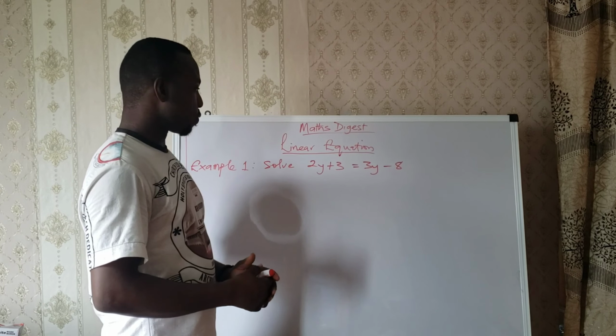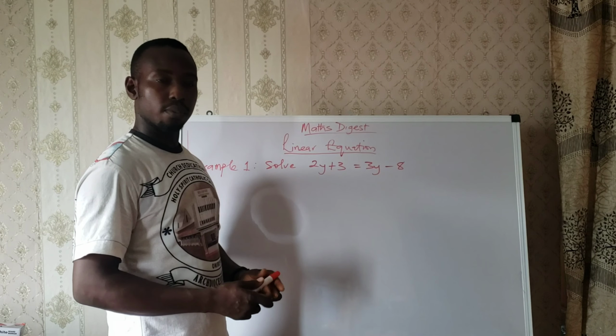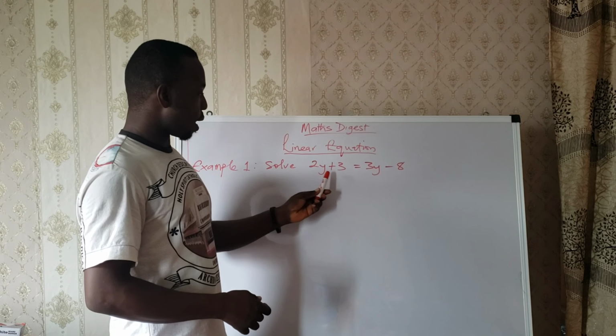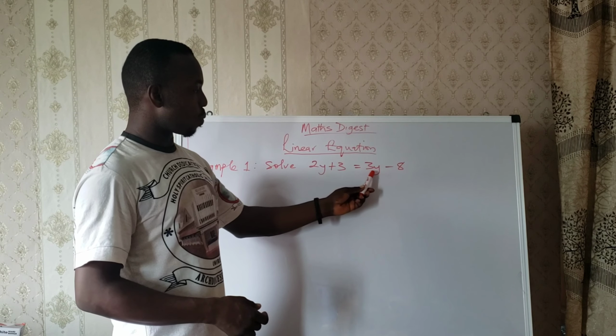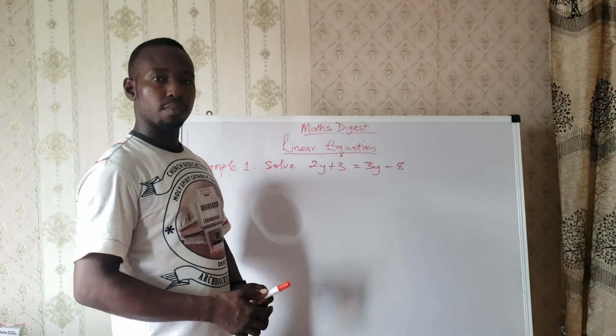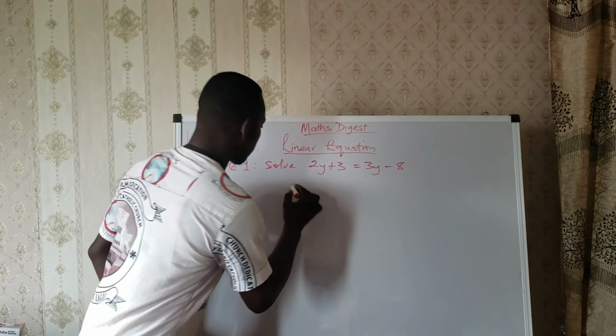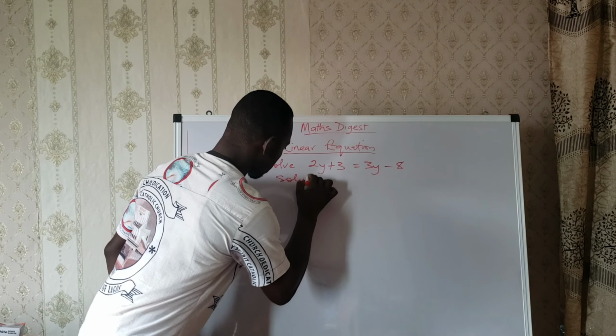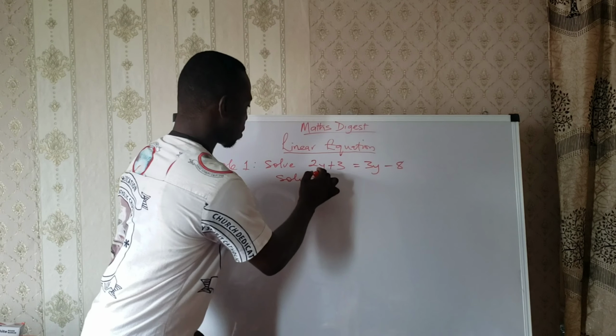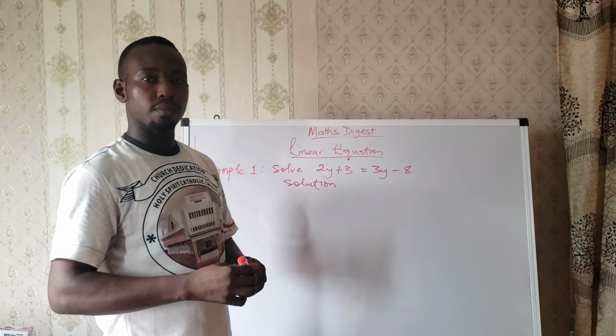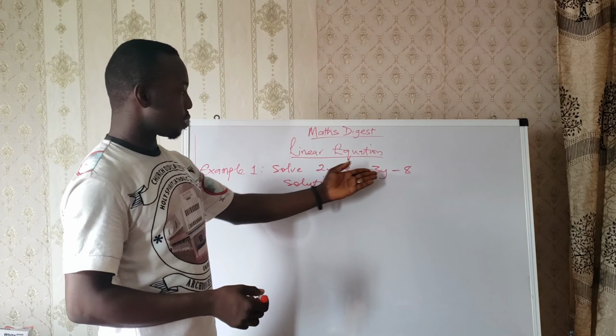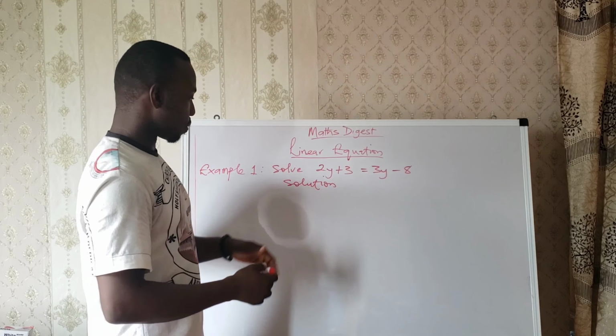This is an example of linear equation. We have 2y plus 3 equal to 3y minus 8. Solution. We bring down this expression down here.